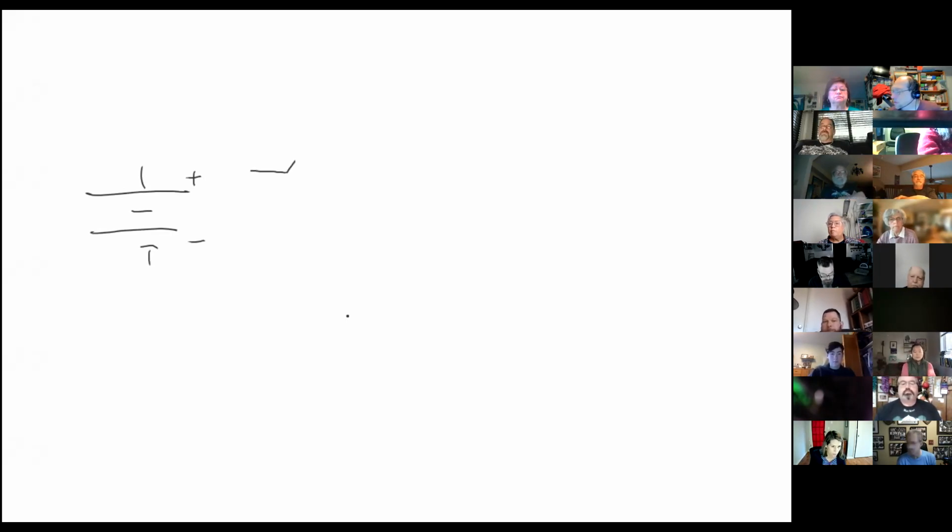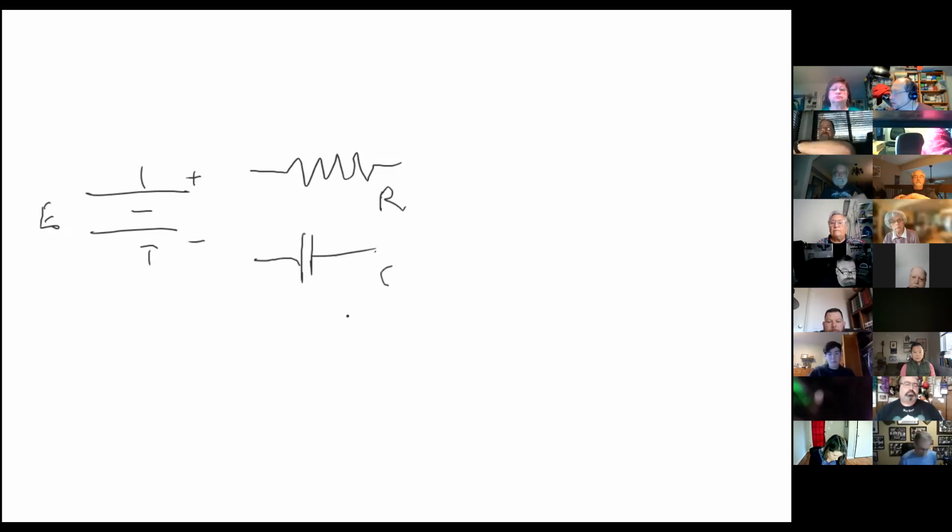Then we're also going to have something called a resistor, and very often this will be marked by the letter E for electromotive force instead of a V. A resistor. And we're also going to have this thing called a capacitor and this thing called an inductor.